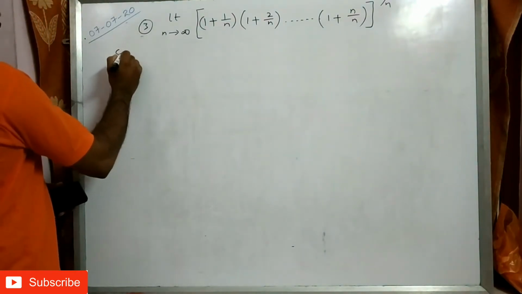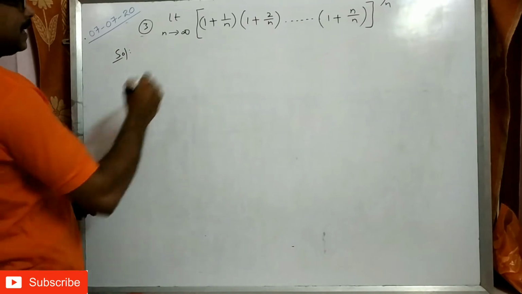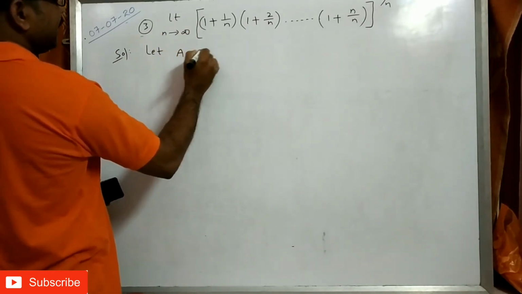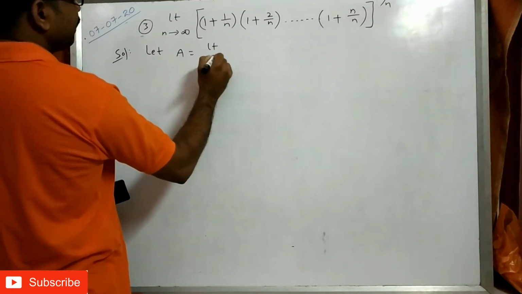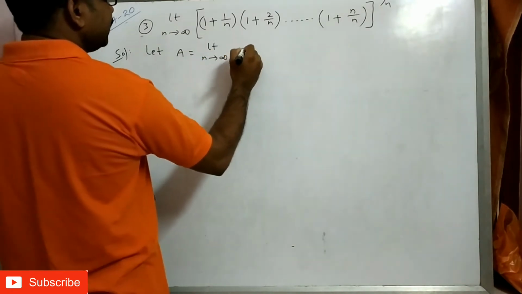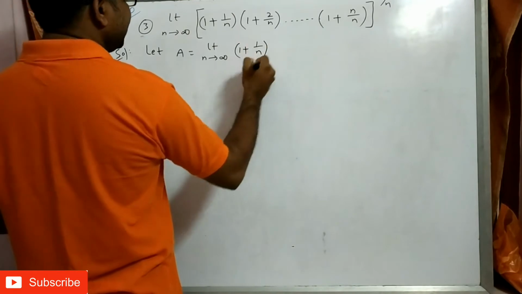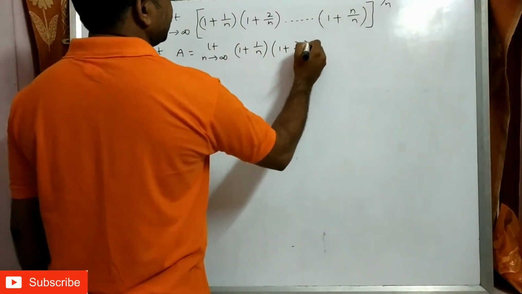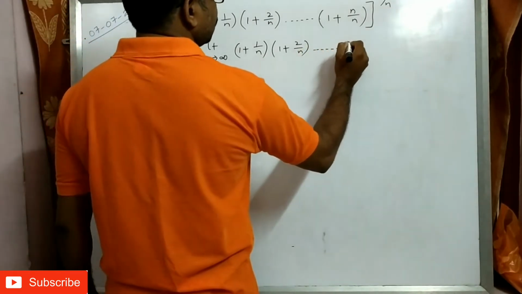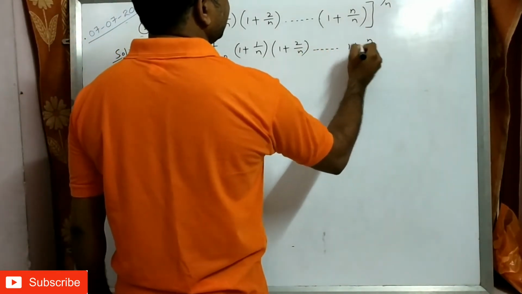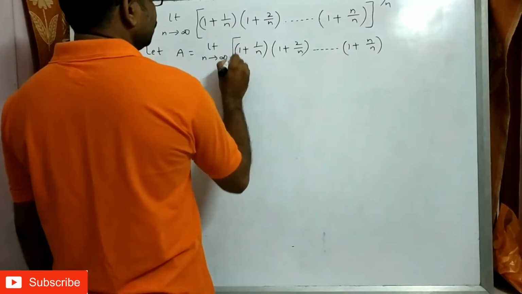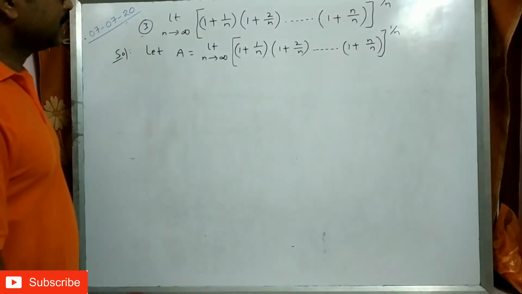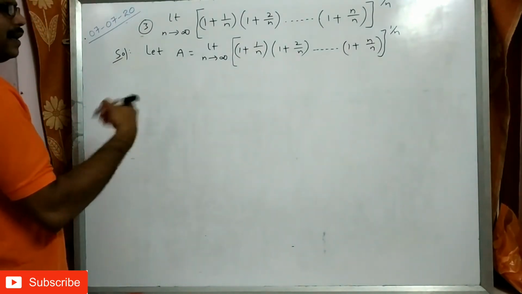So before doing this problem, let us take the given limit as A. Limit n tends to infinity of (1 plus 1 by n)(1 plus 2 by n) so on (1 plus n by n), whole to the power 1 by n. Let me apply logarithm on both sides.